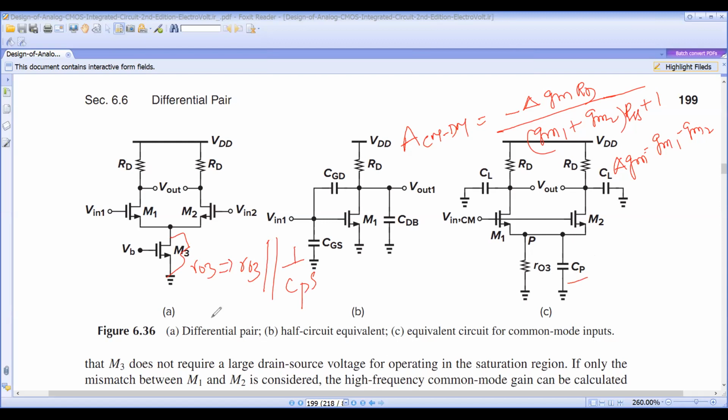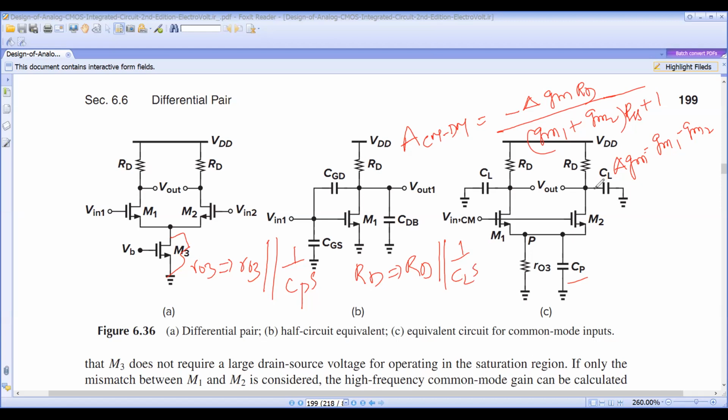And this RD value can be replaced with RD parallel with the load capacitance in each branch, so 1 by CLS.